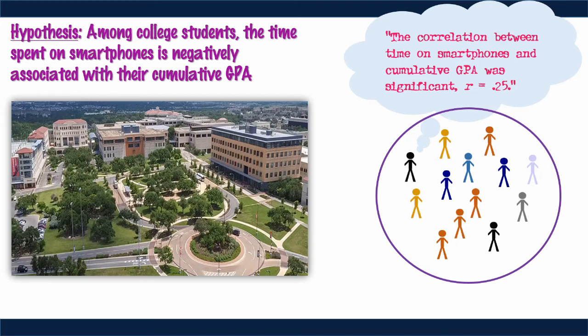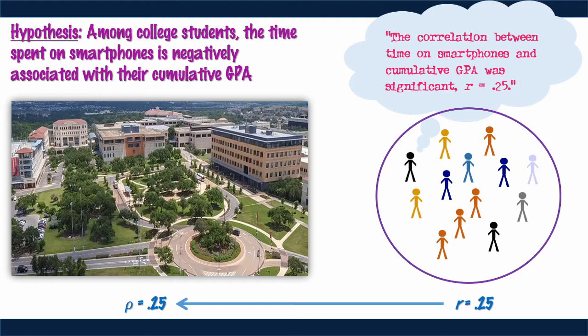The correlation of 0.25 was computed with data taken from the sample, so this means that the r value is a statistic. But the r statistic is trying to make a faithful effort to estimate the population correlation. In this case, the best possible guess we have about the population correlation is what we found from the sample level. So in this case, we would guess that the population correlation is also 0.25.